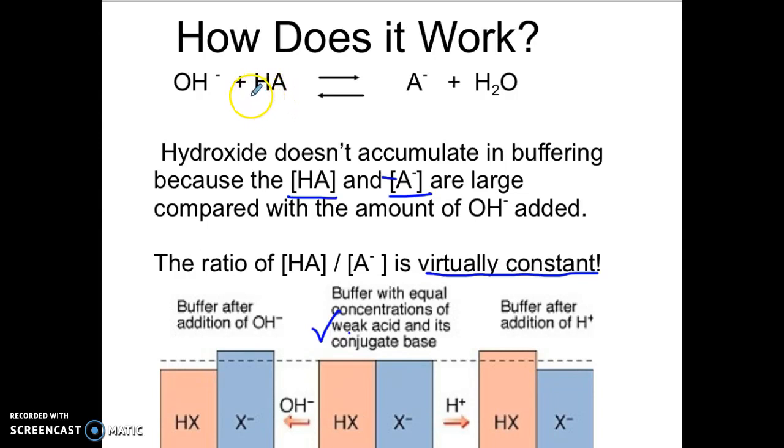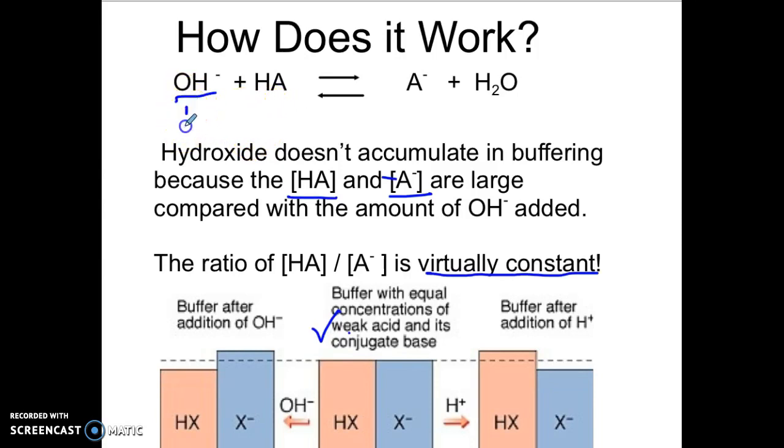If I have a weak acid and I expose it to some base, some hydroxide, this hydroxide is going to react with the H in that weak acid to make water. And what you're left with is A minus, okay? So the concentration of this A minus will increase just a little bit, but not significantly, so that ratio can stay still pretty high. So in a sense, the weak acid from the buffer absorbs, if you will, the hydroxide from the base, so it doesn't change the pH that much.